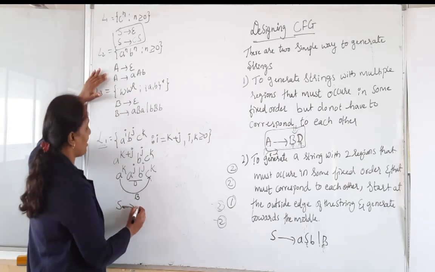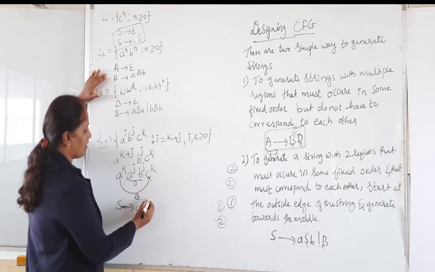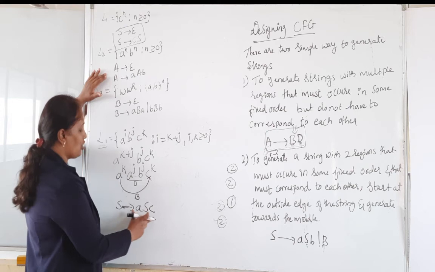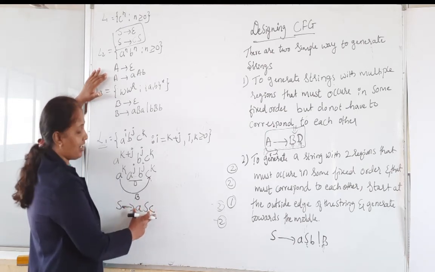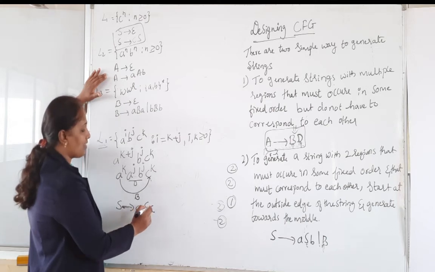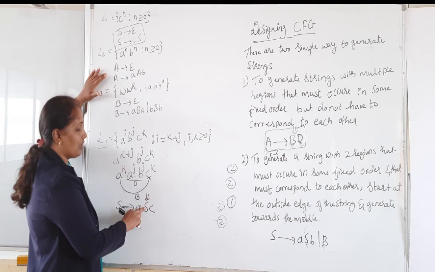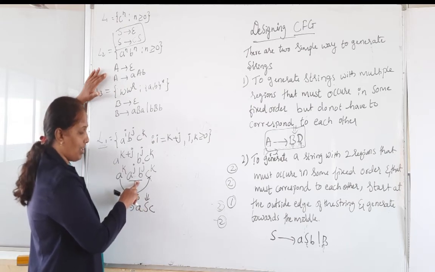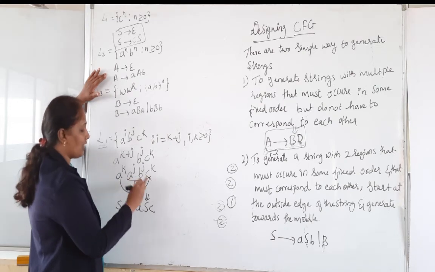So based on that I can write A, then S, then I write C here. So this rule allows me to take any number of A's followed by any number of C's. Next, this S is defined by the variable which defines the middle part of the string.